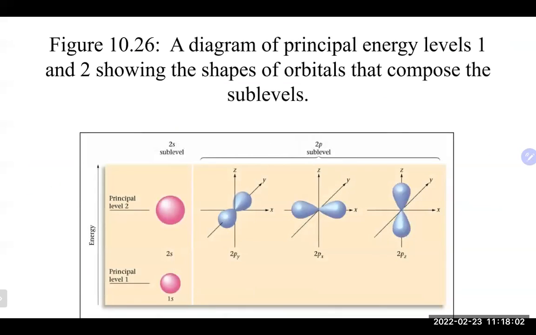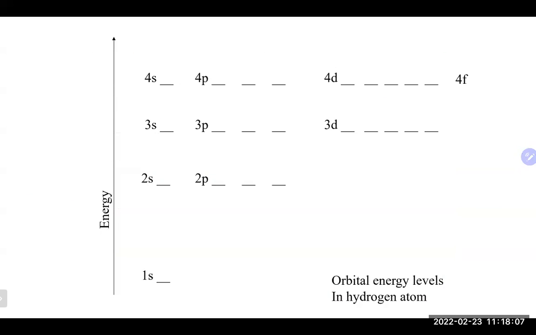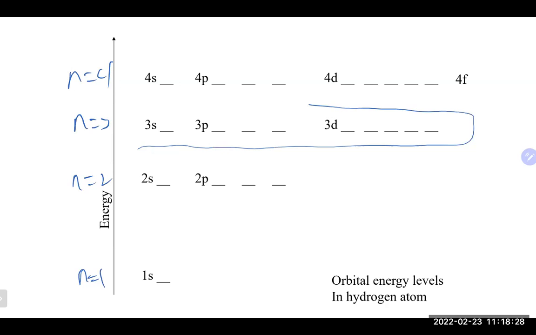So again, here's just that representation of our pictures of what they look like as we continue up. Now, with hydrogen, there's really only one electron present. When we look at the orbitals on each of the energy levels, n=1, n=2, n=3, and so forth, all the orbitals on the third energy level are perfectly equal in terms of energy.